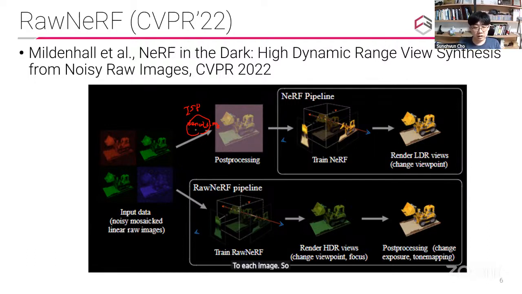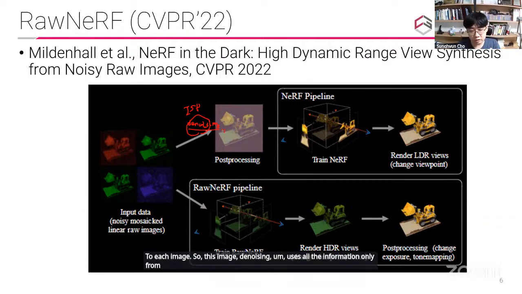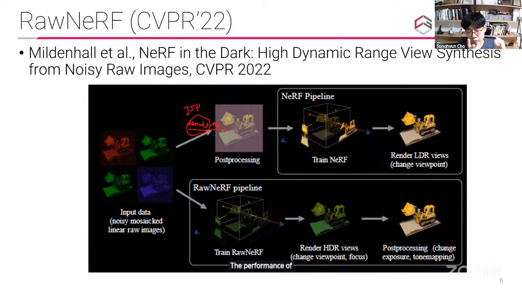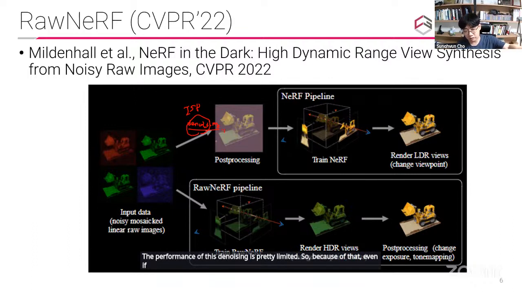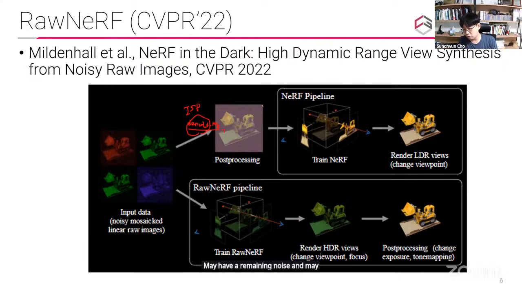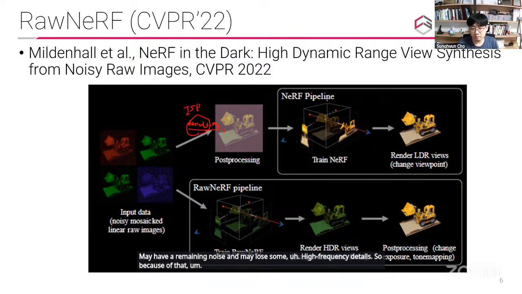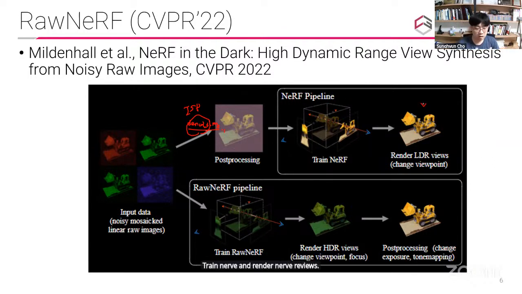As this image denoising uses the information only from a single image, the performance of this denoising is pretty limited. Because of that, even if the ISP applies image denoising, the post-processed sRGB images may have remaining noise and may lose some high frequency details. So even if we train NeRF and render novel views, these novel images have low quality.